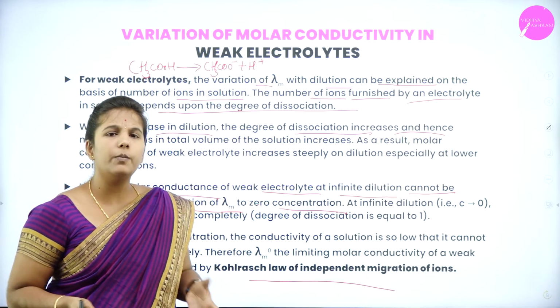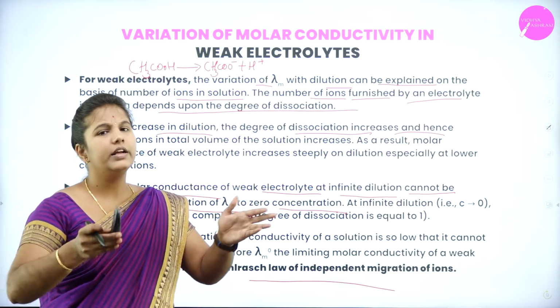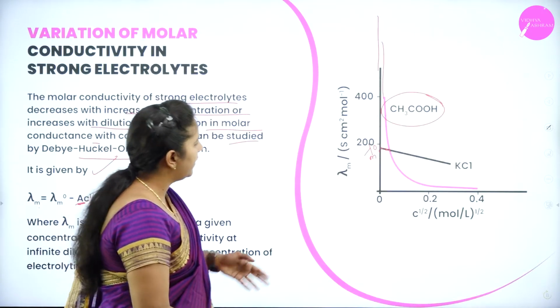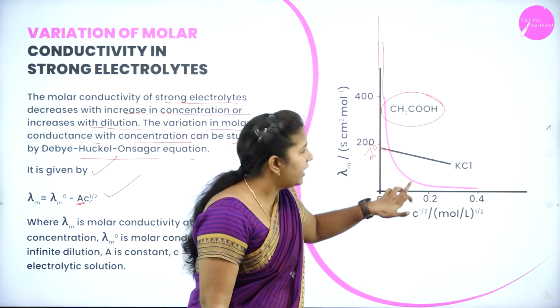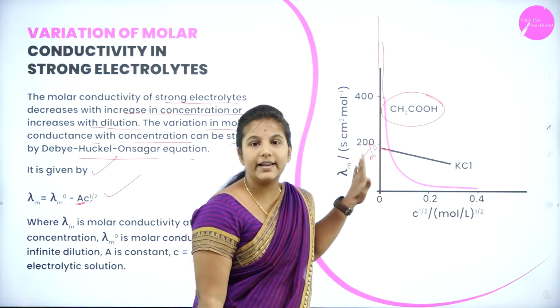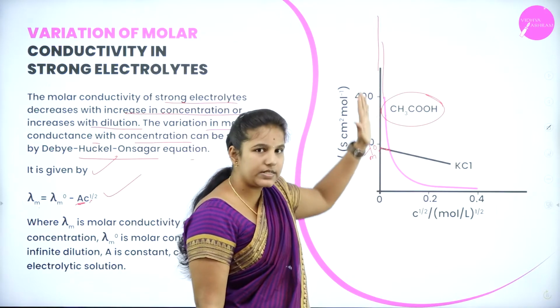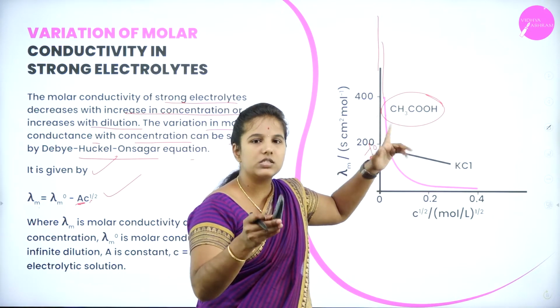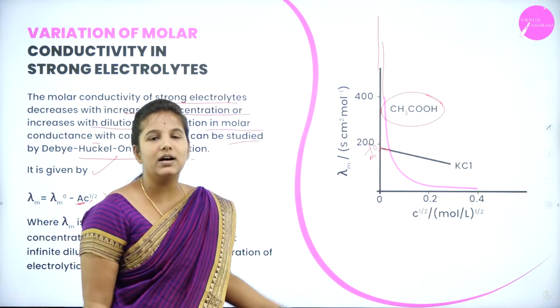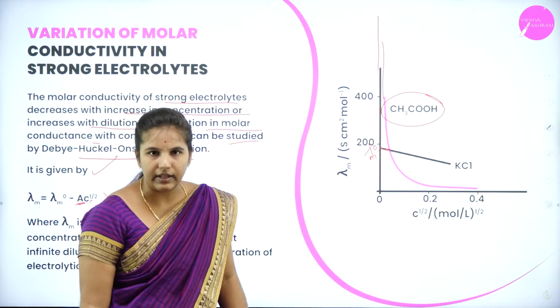But when we talk about infinite dilution, the concentration is never equal to zero. In such cases, what will happen? The concentration of the weak electrolyte never becomes zero with the molar conductivity. So, if you extend the graph also, the concentration is never equal to zero. In such cases, we cannot expect the limiting molar conductivity, right?